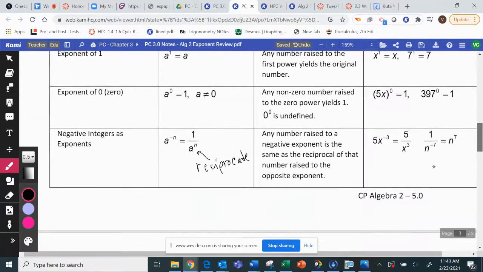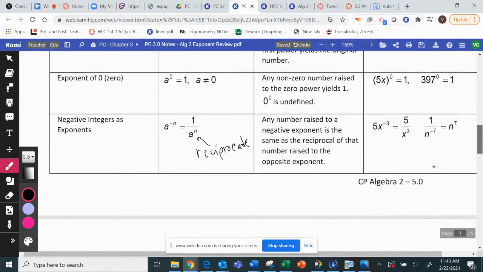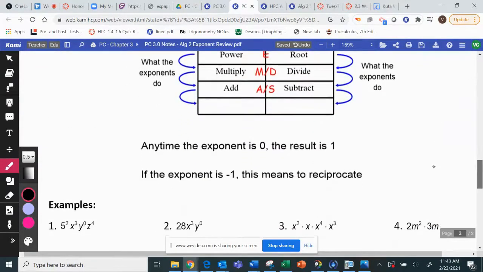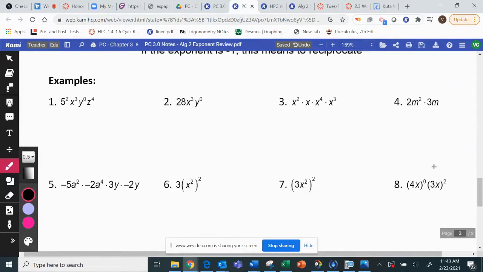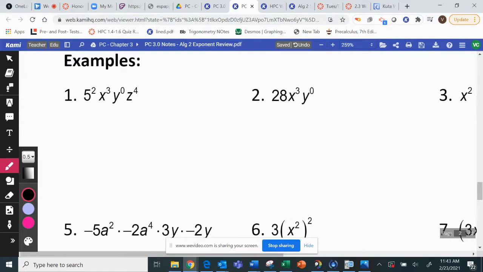And then there's some examples that you can look through if you need some extra examples. I am just going to go through the examples here. And when I approach something like this that has a bunch of stuff going on, I always kind of look at the different variables and numbers separately.